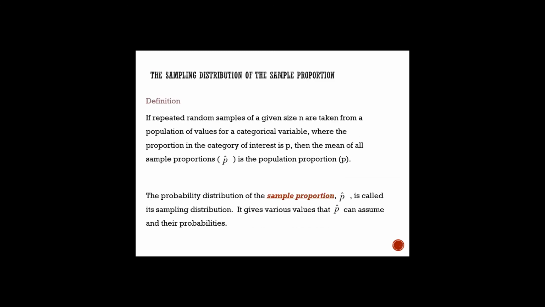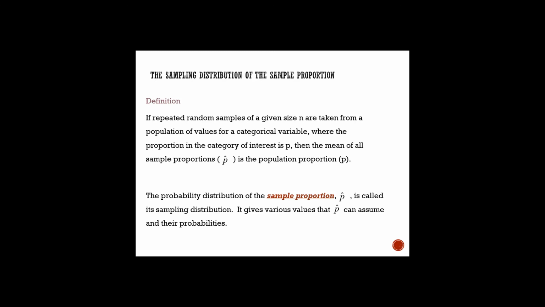Now let's look at the population proportion and the sample proportion p hat. If we take repeated samples of a certain size from a population, looking for a certain category of interest, and we know the population proportion is P, then the mean of all the sample proportions is basically the population proportion.